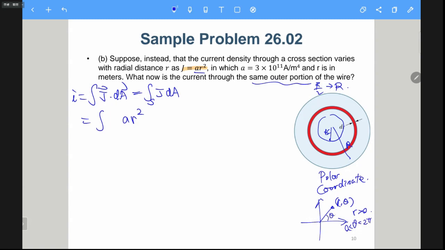So this is theta, this is R, something like that. So for dA, it is something like this.